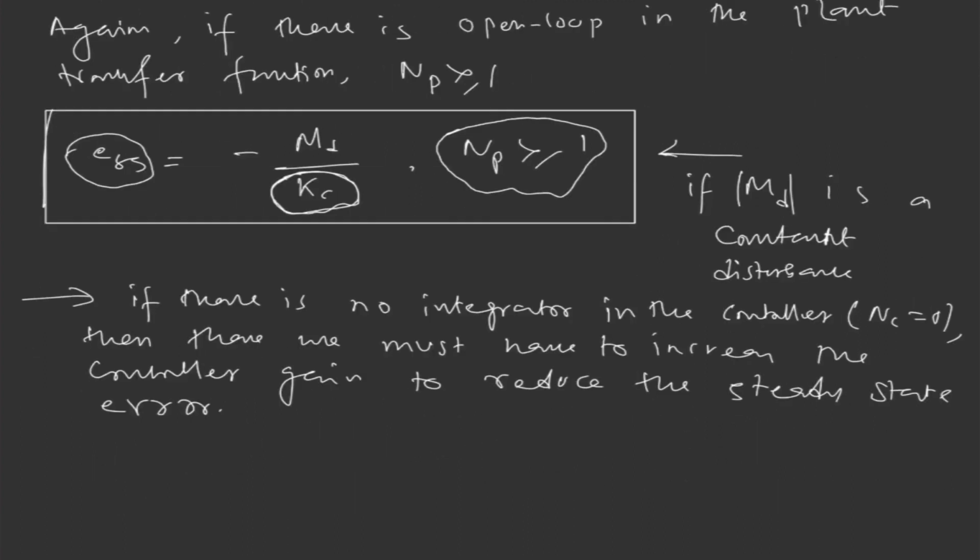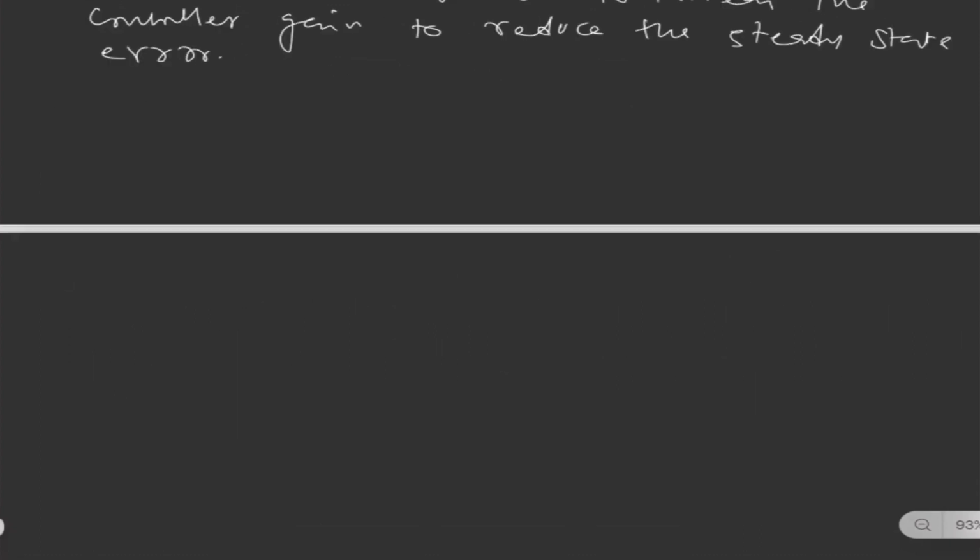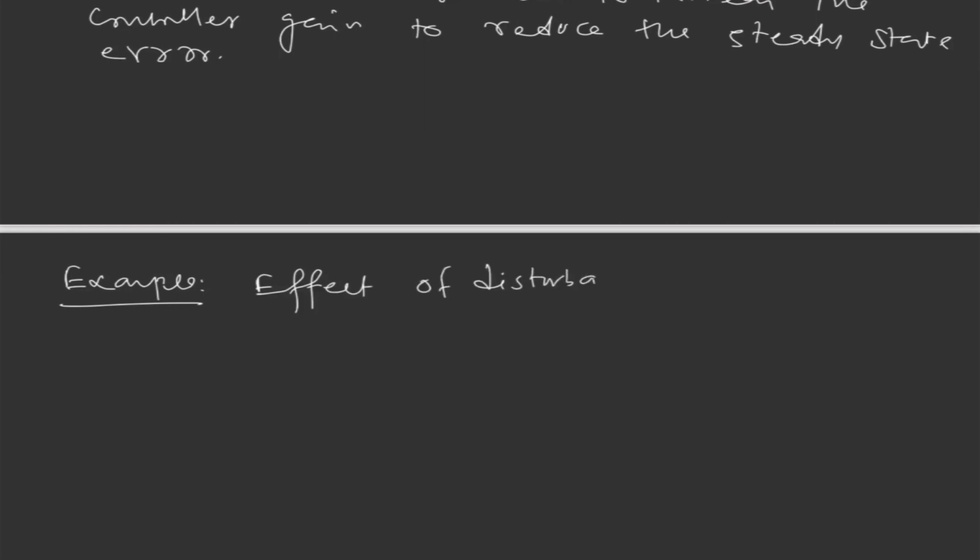Now we'll take an example of how our system is going to behave. We'll take the aircraft attitude control system that you have done before. So let's take an example: effect of disturbance on a PD, proportional derivative, aircraft attitude or orientation control system.